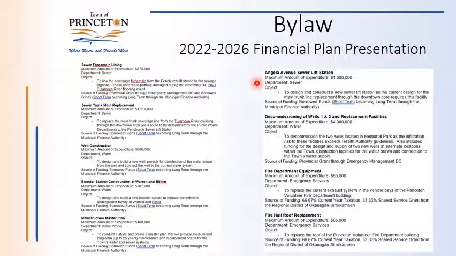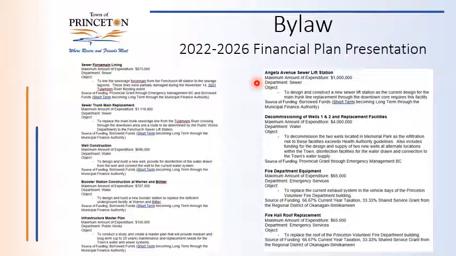Angela Avenue Sewer Lift Station. So in addition to the trunk line being deficient for its extension, the engineers have also identified a pinch point at Angela Avenue that, because of the topography of the Allison Flats area, can be susceptible to sewer backups.